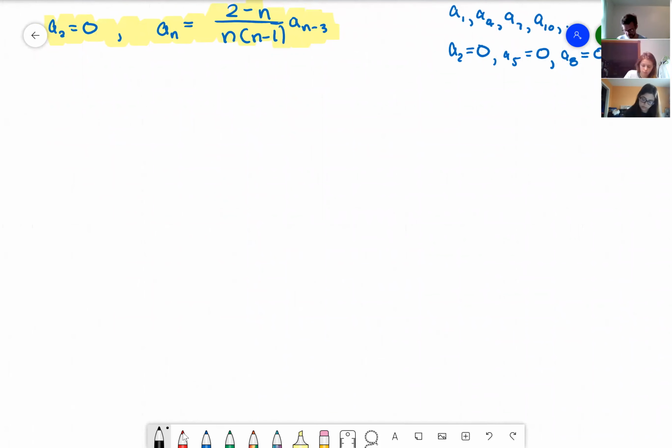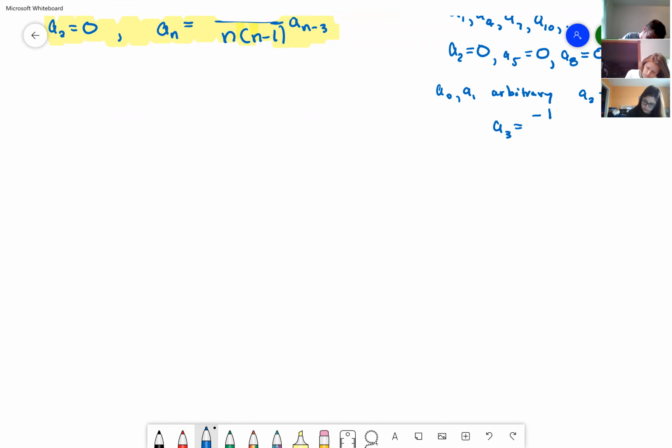All right, now we can start figuring out what our coefficients are. So a0 and a1 are arbitrary. Don't have to write this out, but I am. a2 is equal to 0. And so a3 is the first one that we don't have. I think this is a little bit easier for my brain to deal with if I write it as negative over n minus 2.